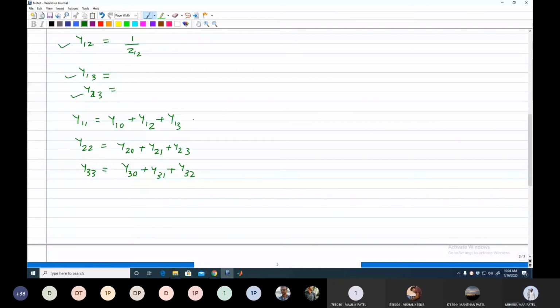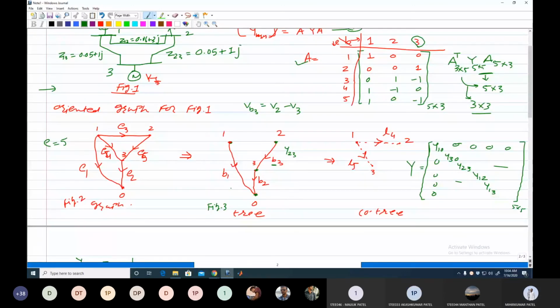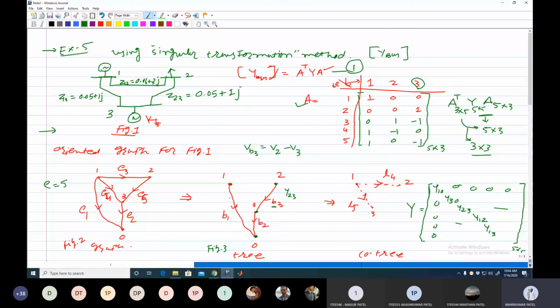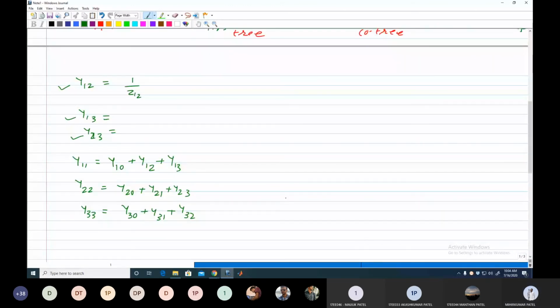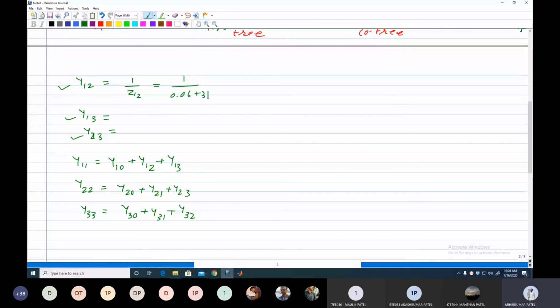Yes. What is the value of y12? It is 1 divided by 0.06 plus 3j.